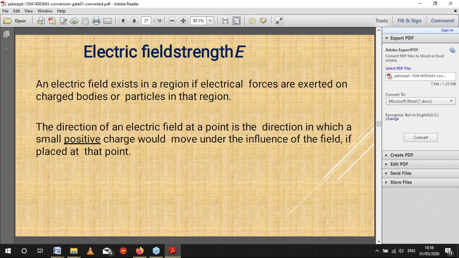A, calculate the field strength 1 millimeter above the dome. B, calculate the field strength at a distance of 30 centimeters.